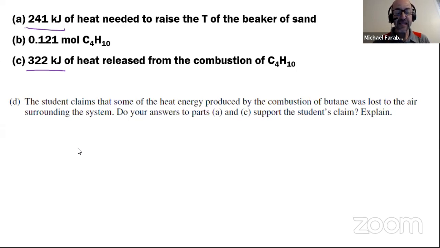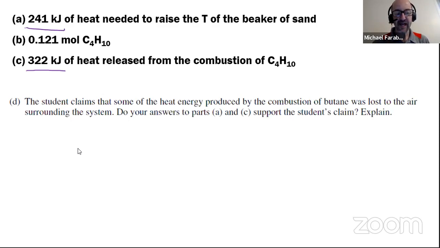So let's see if the claim in part D of this question can be something you agree with. The student claims that some of the heat energy produced by the combustion of butane was lost to the air surrounding the system. Do your answers to parts A and C support this claim?